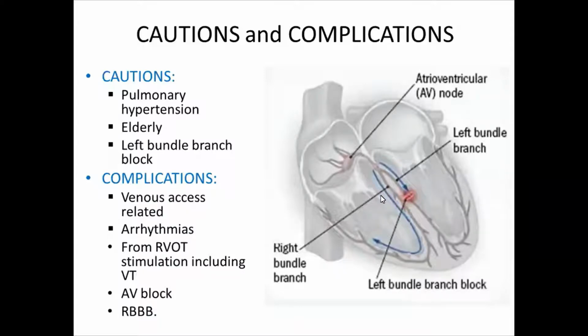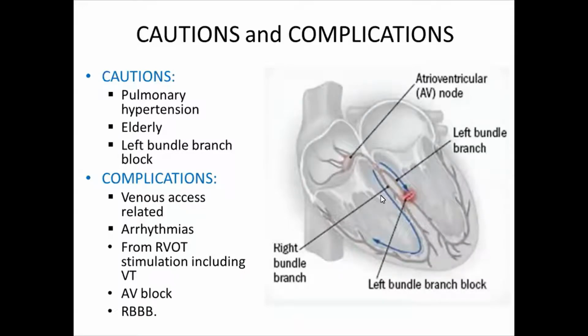Among the complications of hemodynamics, we have venous access-related complications like hematoma, pseudoaneurysm, or other local complications. Arrhythmias usually arise from RVOT stimulation while passing the Swan-Ganz, and this may include VT. Usually they are transient, not significant, and do not require treatment.